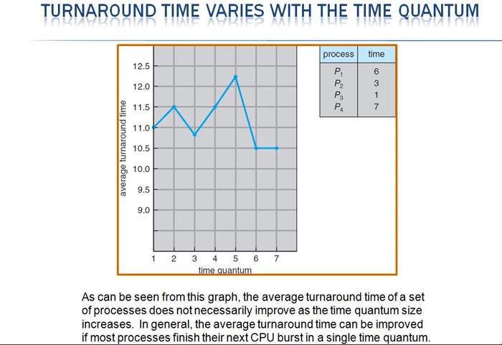Now this graph shows how the average turnaround time varies with the time quantum. Here process P1 has time 6, process P2 has time 3, process P3 has time 1, and process P4 has time 7. The average turnaround time of a set of processes does not necessarily improve as the time quantum increases.